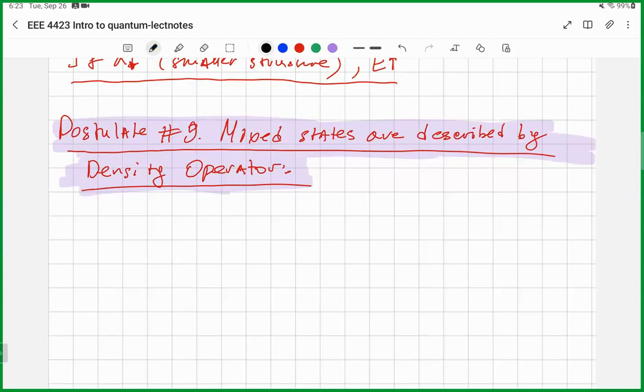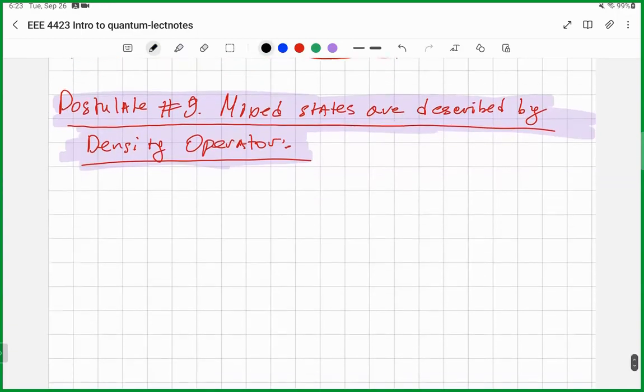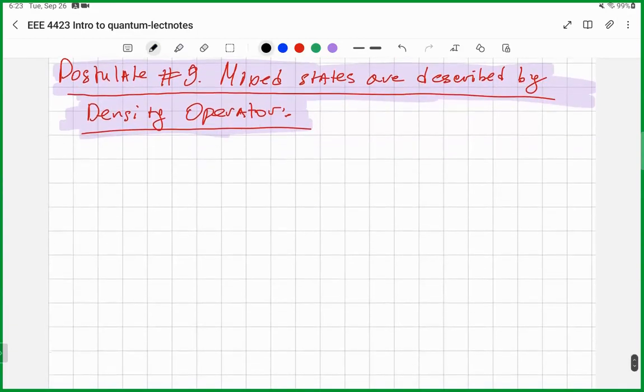All right, so the density operator, and why we need it. As we have been discussing over 4 or 5 lectures already, a system in a pure state is given by a superposition over the basis vectors, right?